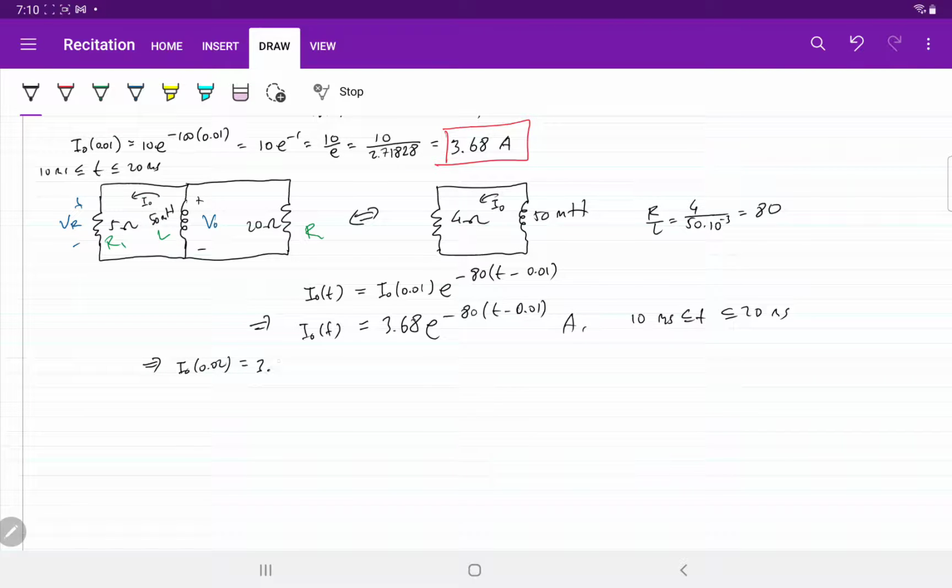So 3.68 e to the power minus 80, and 20 minus 10 is 10, so 0.01. So you can solve this, and I get 1.65 amps. Okay, we'll put that in red.